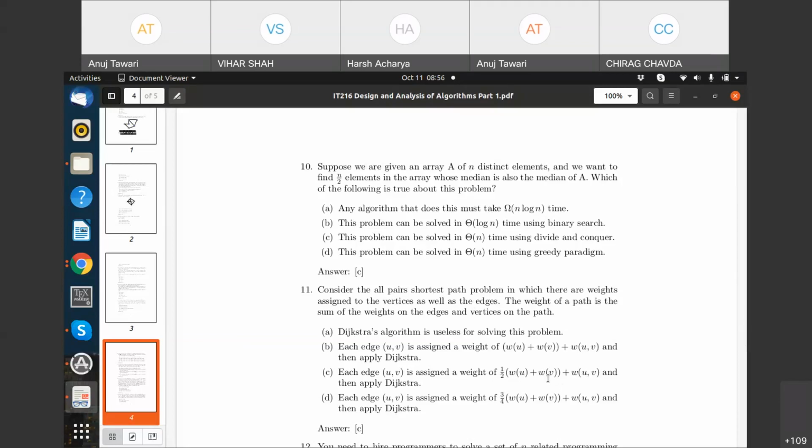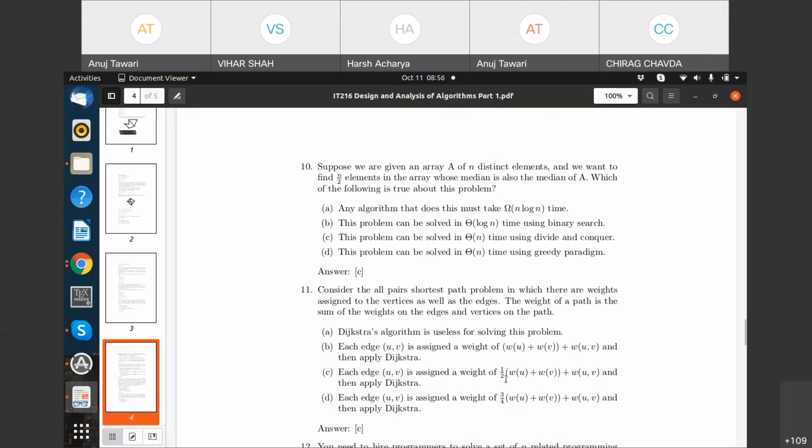Plus not half, only just the sum of the weights of the intermediate vertices on that path. Once you apply Dijkstra here, you will get the weight of the shortest path, where it is the sum of the weight of the vertices as well as the edges minus half of the initial vertex weight and minus half of the ending vertex. So that's the logic behind this half here.